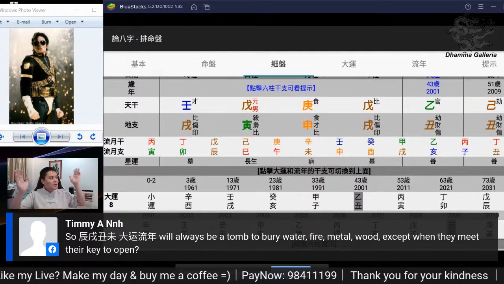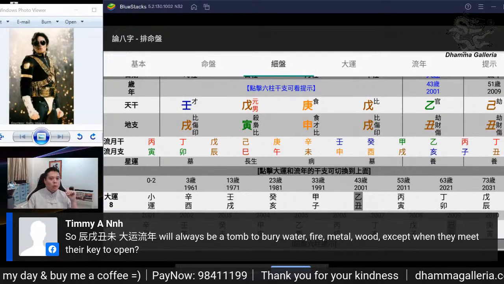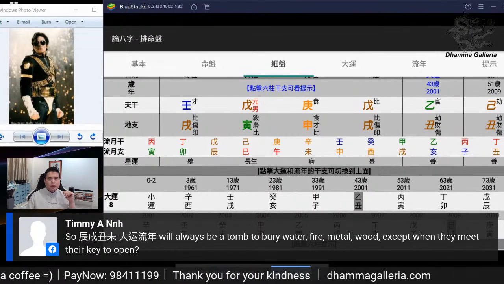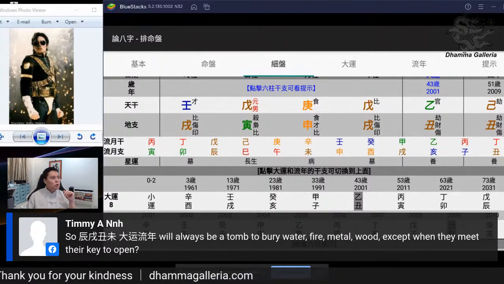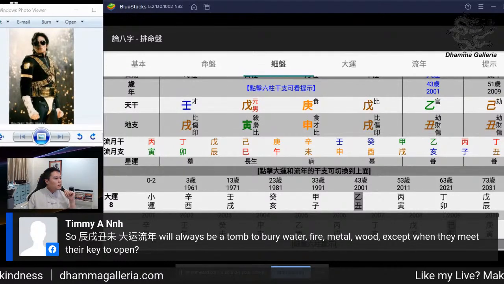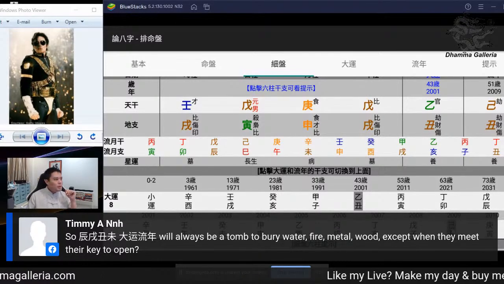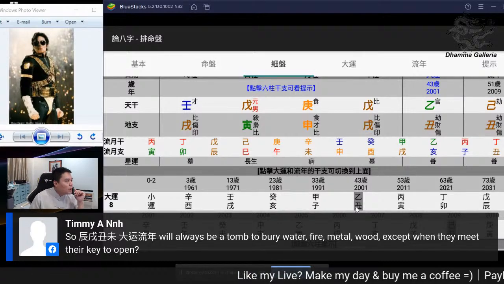Are you still here, Timmy? What is 丑? 丑 is the storage of which element? This 丑 here. Can you see my mouse? This 丑 here.